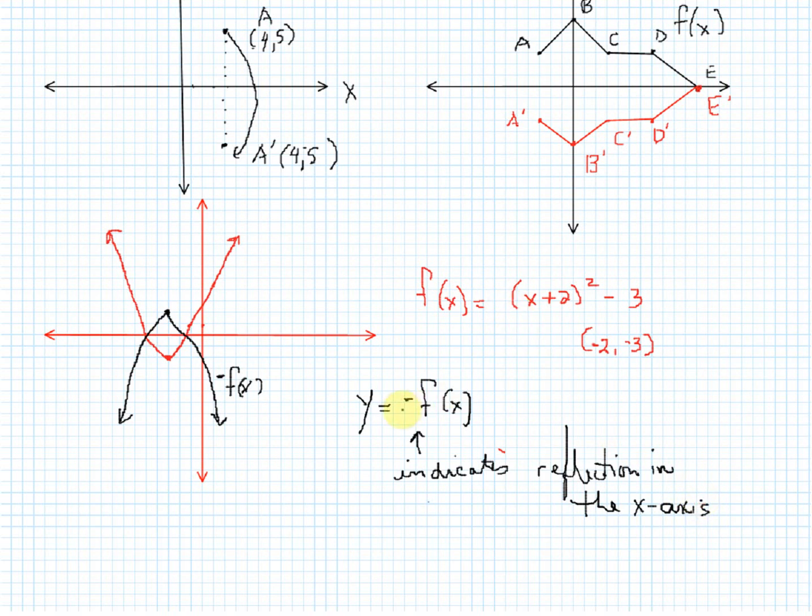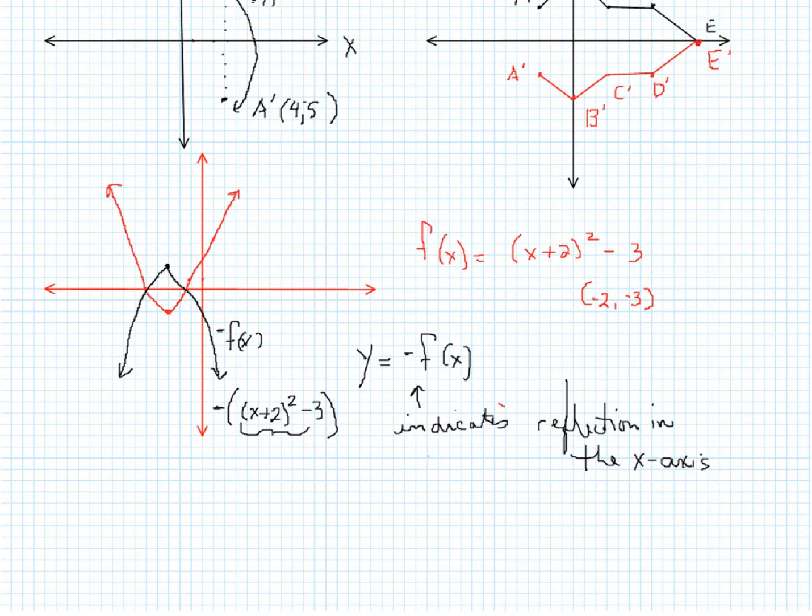So in this case, our reflected graph would be negative (x + 2)² − 3. So the whole function, this is what our function is, all of that is negative. So our reflected function simply takes on a negative value in front.